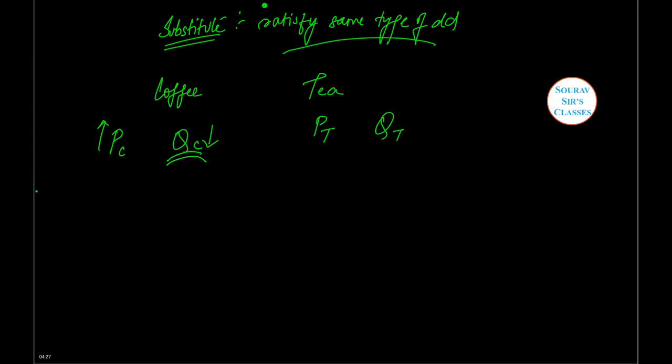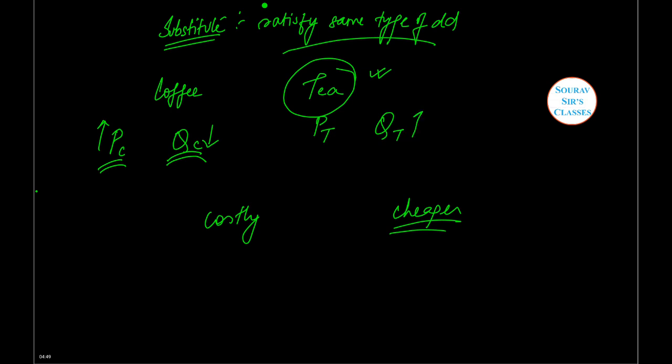Now, because the price has increased, people will try to substitute coffee with the cheaper good, which is tea. So people move away from costly good and look for cheaper goods. Tea is relatively cheaper now. So the quantity demanded for tea will increase.